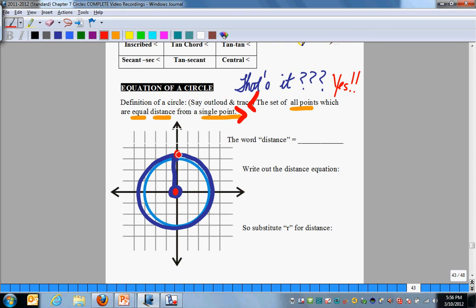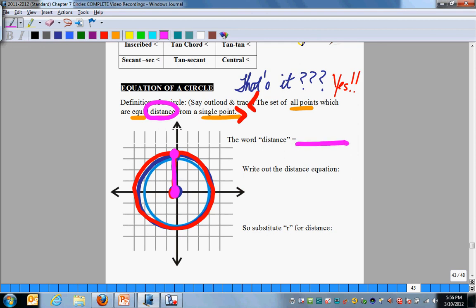Start here and out loud say this with me and trace at the same time. A circle is the set of all points which are equal distance from a single point. Ask yourself this: when you said the word distance, you actually traced the what of the circle?